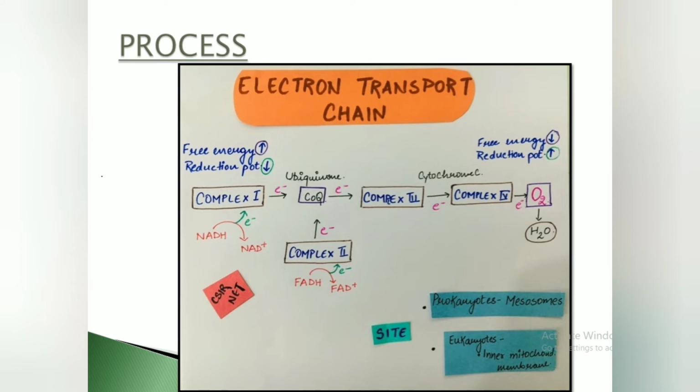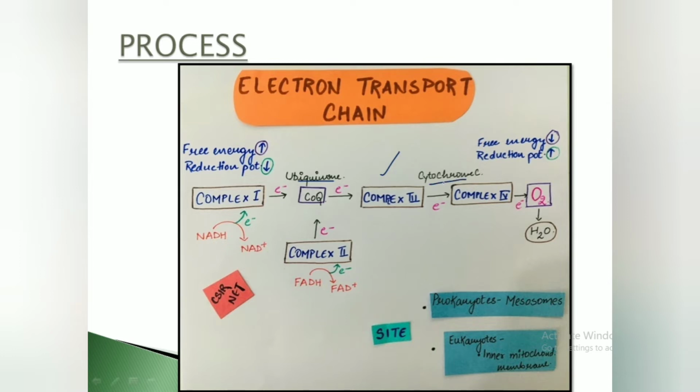First of all, we need to understand that four complexes are involved: complex 1, complex 2, complex 3, and complex 4. The connectors of these complexes are as follows. Ubiquinone connects complex 1 and 2, transporting the electrons from complex 1 and complex 2 and carrying them forward to complex 3.